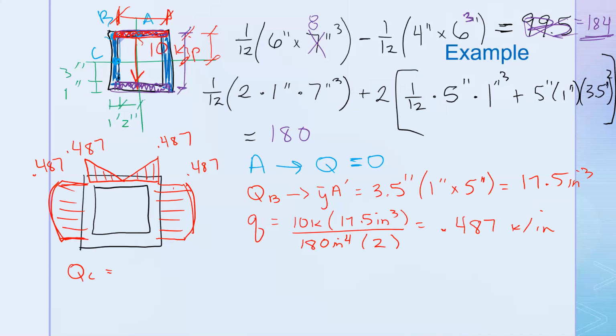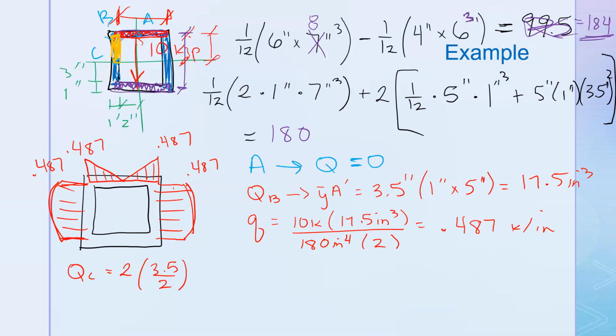So now we have the sides. We have two sides. And the Y bar for those, we're going to say is half of the 3.5. So once again, these sides are being measured from the neutral axis just to the center line of that top piece.